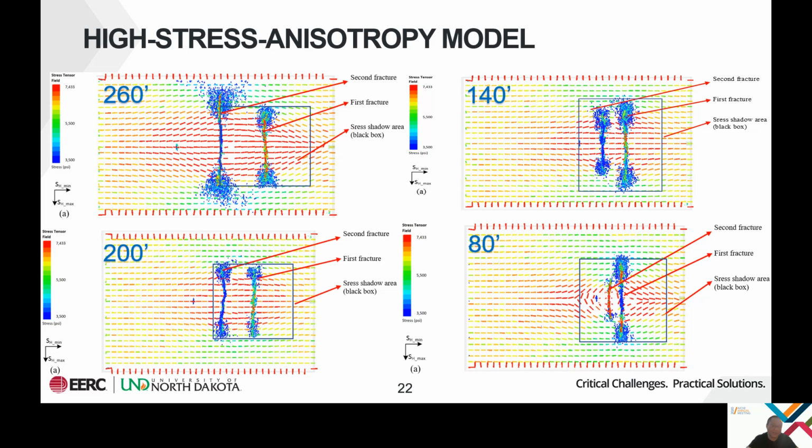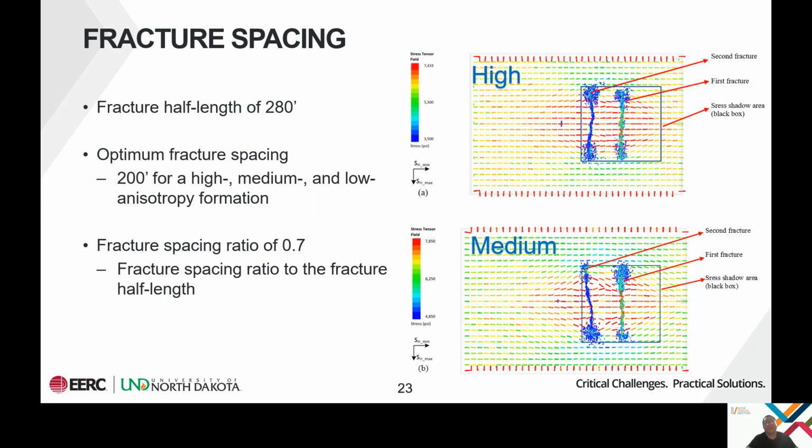It becomes shorter. How about if we get 80? Getting closer, it gets more contained because it can feel the most severe impact from the stress shadow of the first fracture. So for the fracture spacing, we investigated the high, medium, low, and also 0 stress anisotropy.